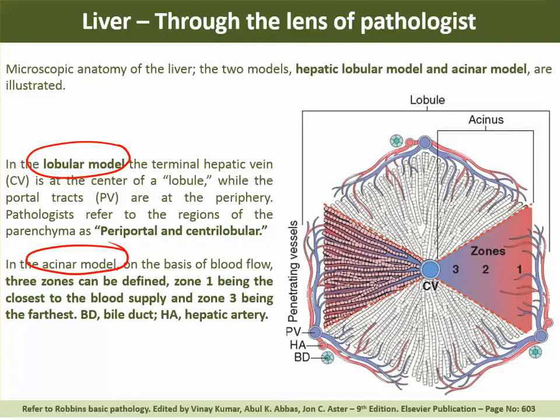So you all know that the lobule in the periphery has the portal triad, right? The hepatic artery comes like this and the portal vein comes like this and they go inside the lobule like this, right?